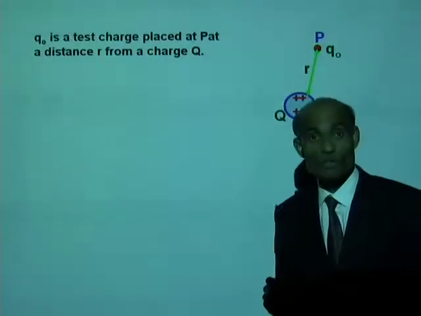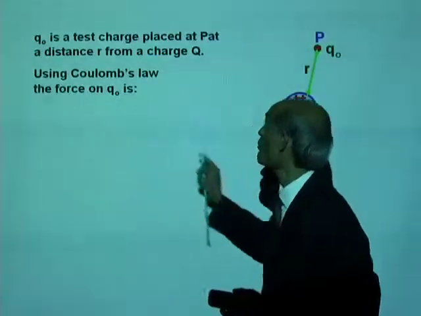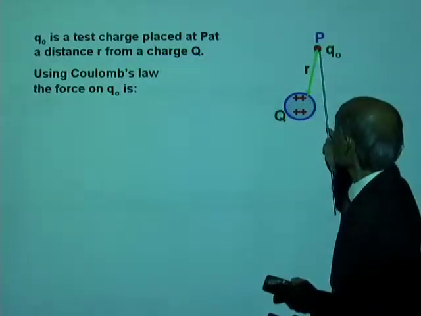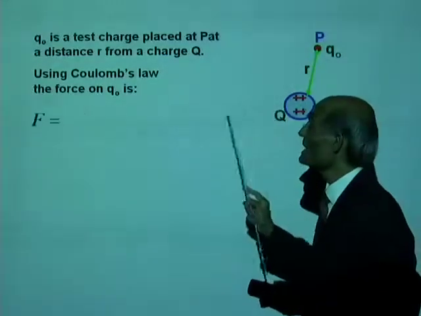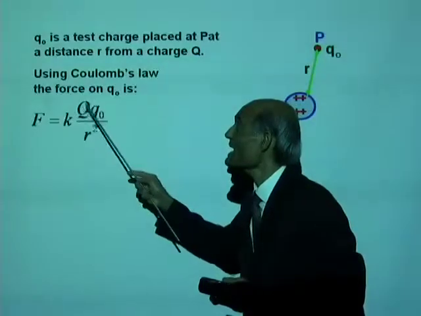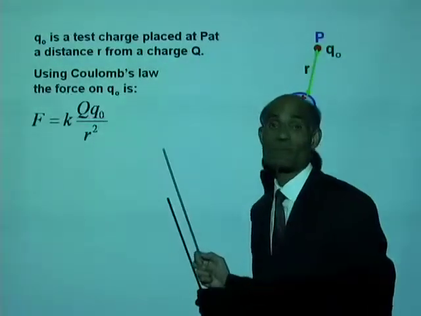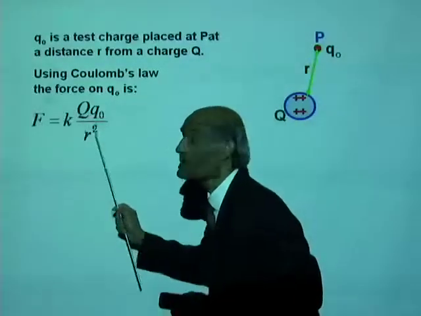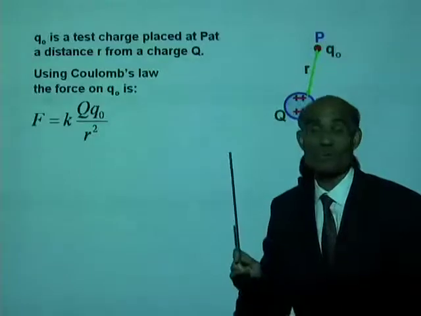If you know Coulomb's law, you can tell me that force. Using Coulomb's law, the force on Q0 due to this big charge Q is F equal to K Q Q0 over r squared. Now, this is a measure of the force on this charge Q0.